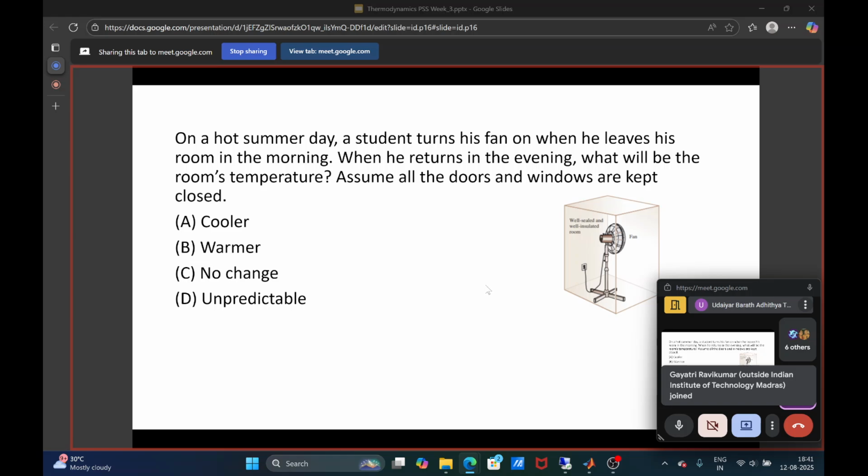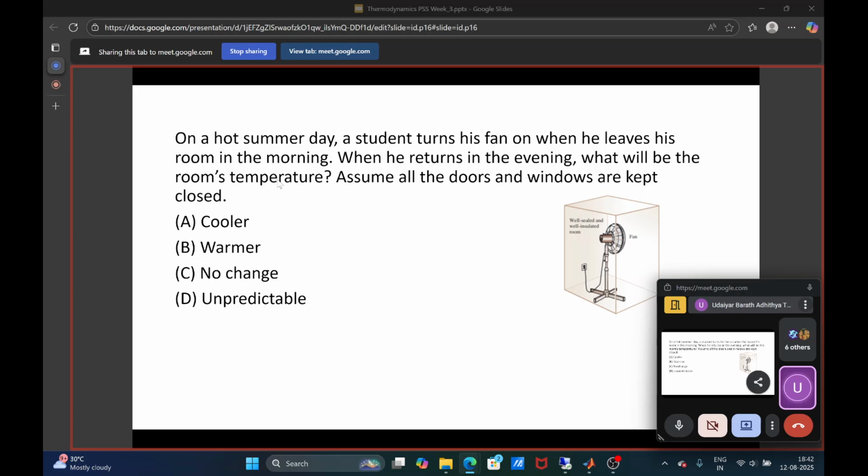A simple problem on first law. You have a hot summer day, you turn on a fan and leave in the morning, but close the room. So when you return, what will be the room's temperature? Assume it is an insulated room, so there is no heat transfer.